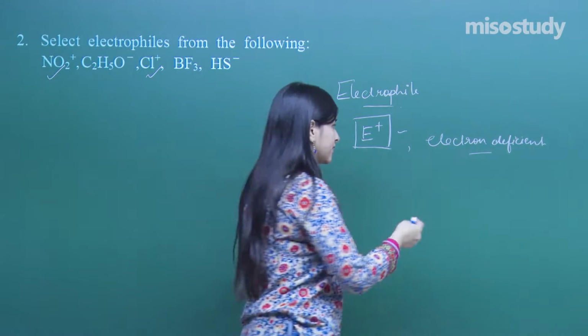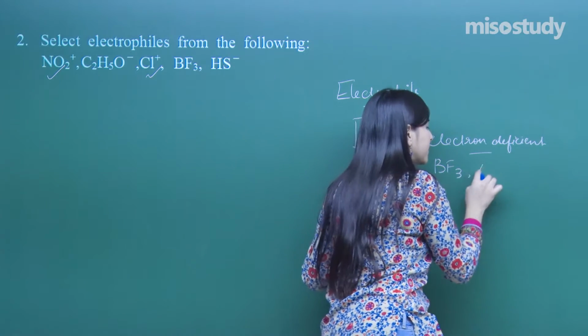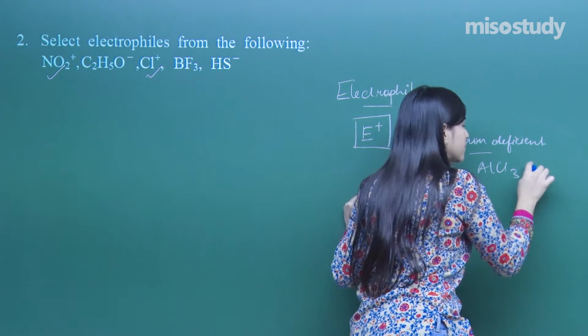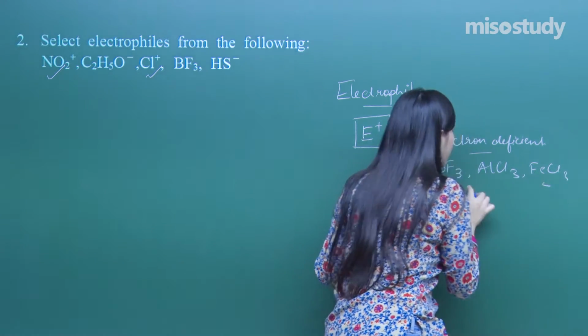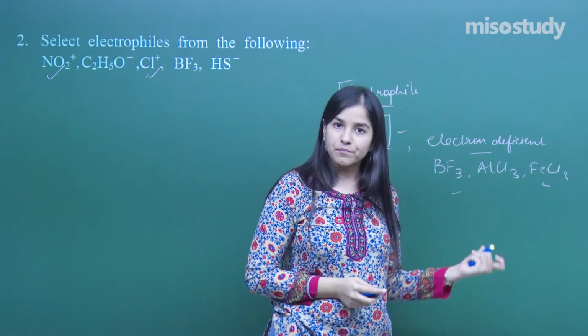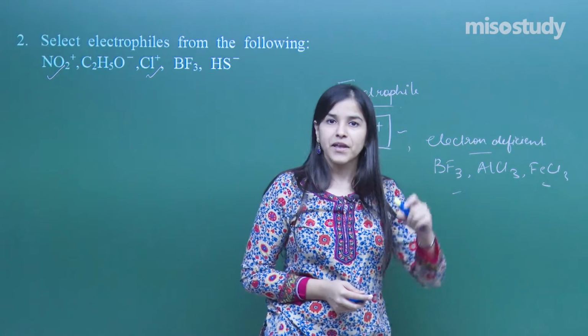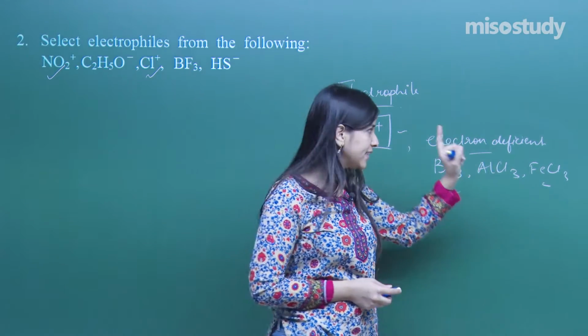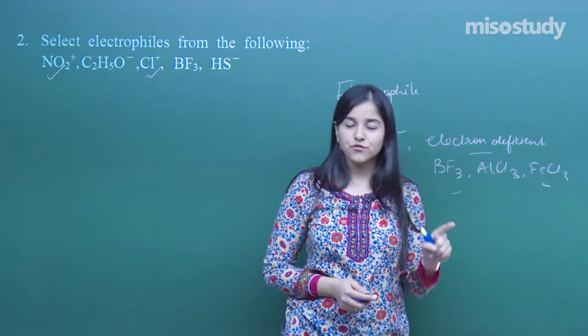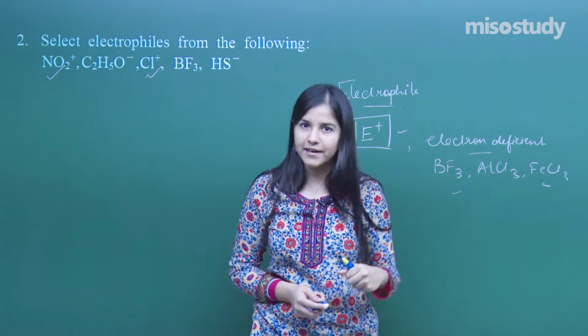It can be a carbene complex, it can be BF3, it can be AlCl3, it can be FeCl3 and so on. These have no octet completion over here, and due to this they will have electron deficiency and can act as an electrophile, the species which is ready to take the electrons.